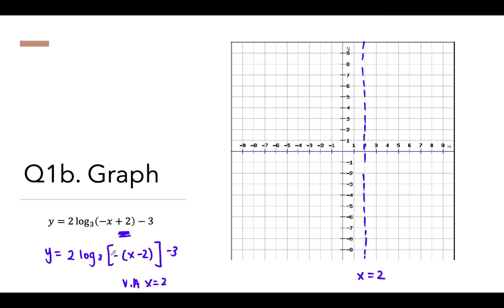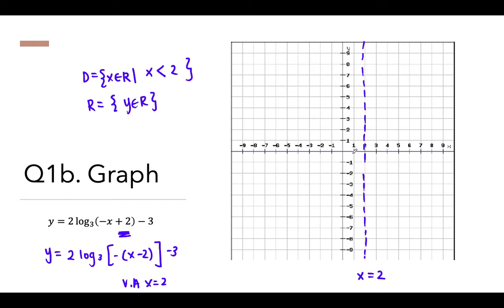And because k is negative, that means my domain can be any real number such that x is smaller than 2, because we have a negative k value. And the range y can be any real number.